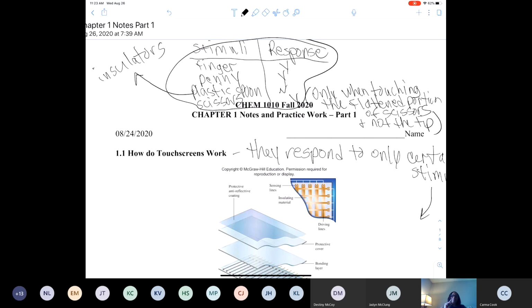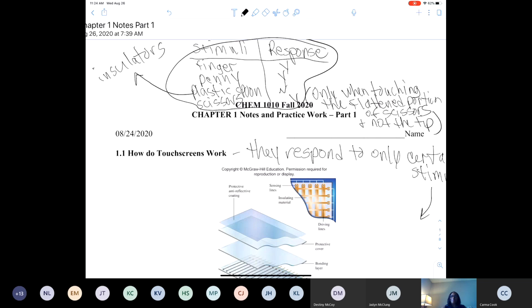So even if you have a metal like the tip of my scissors, the tip of my scissors diameter is not as big as the diameter of my fingertip. So even if you have a metal touching your touchscreen, we know a metal is a good conductor of electricity, but if it's very narrow, like the tip of the scissors, your touchscreen is not going to respond to it. What you touch to, it has to have a diameter that's similar to that of your finger.